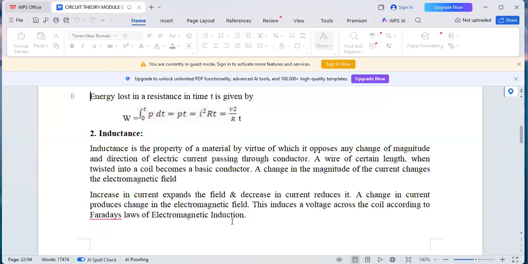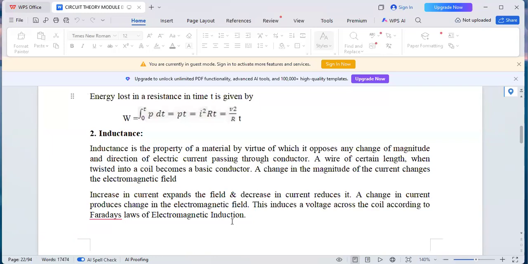Increase in current expands the field, and decrease in current reduces it. A change in current produces change in the magnetic field. This produces a voltage across the coil, according to Faraday's law of electromagnetic induction.